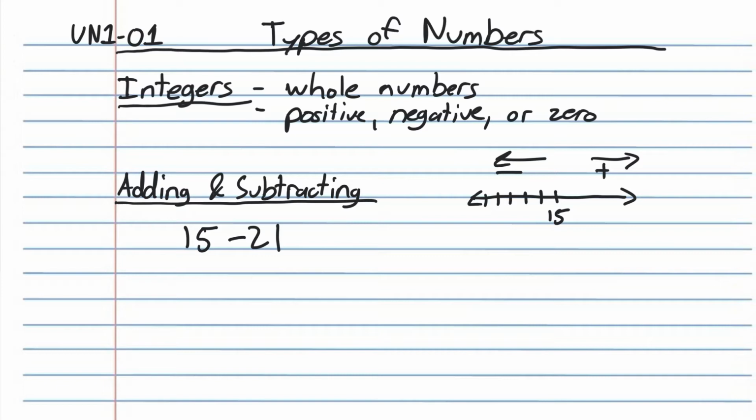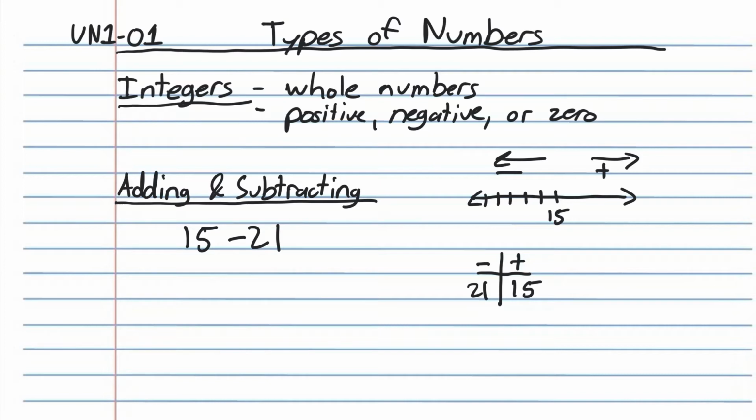Another way to picture it in your head is you have two types of numbers, right? You have negative numbers and positive numbers. In this question, you have 15 positive numbers, and you have 21 negative numbers.